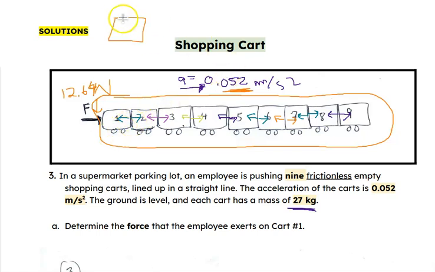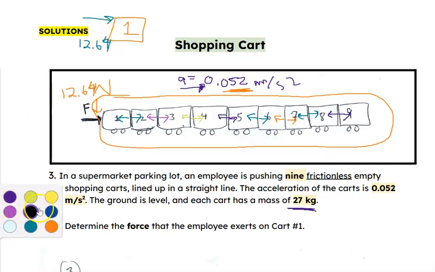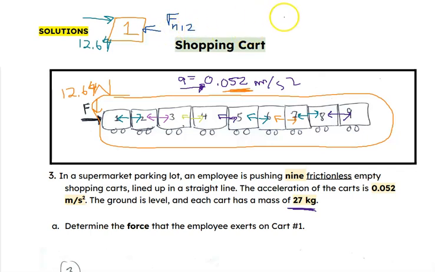You could isolate shopping cart 1, and you now know that the force on it from the person is 12.64. It is running into the electron clouds of shopping cart 2. So this is the normal between 1 and 2. You could say sigma F equals MA, and we have the 12.64 minus the normal between 1 and 2 equals only 27 kilograms, because I'm isolating 1 cart, times the acceleration, which is 0.052.